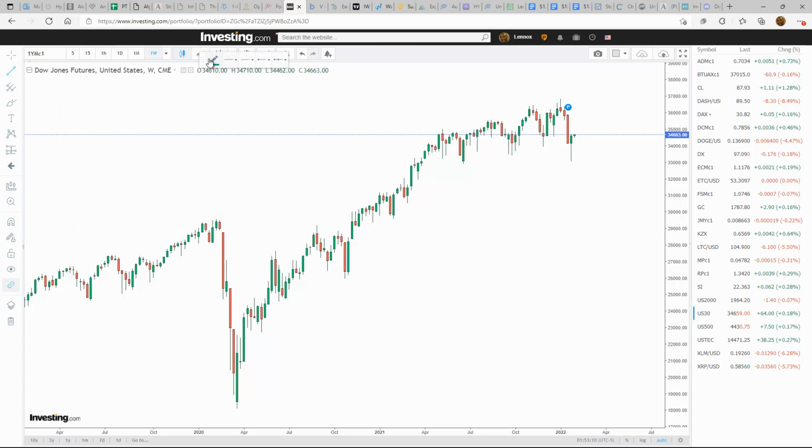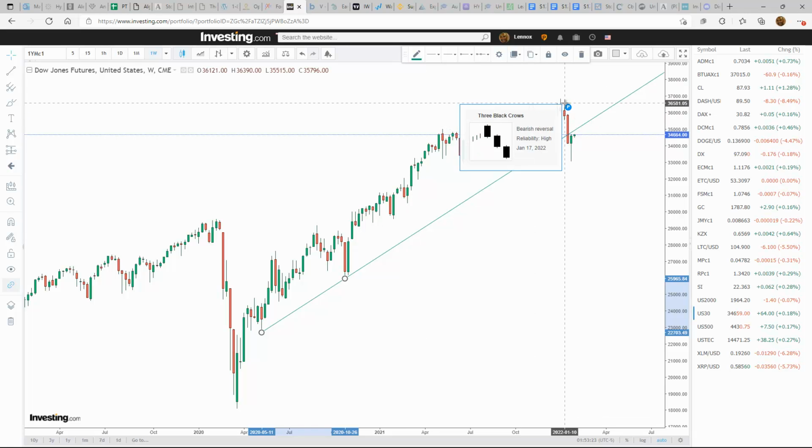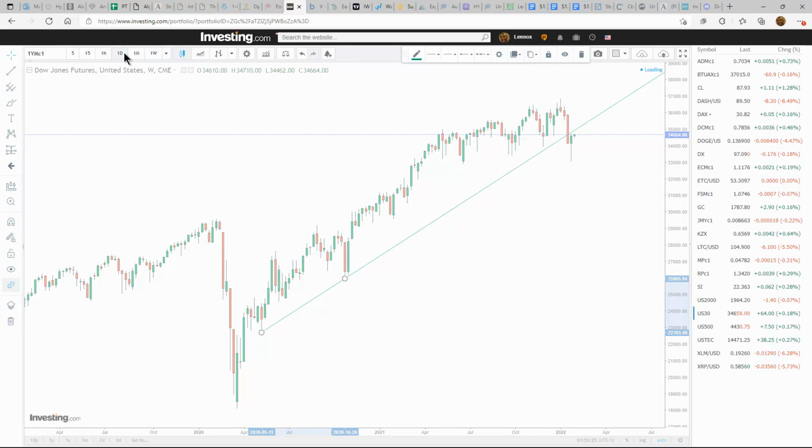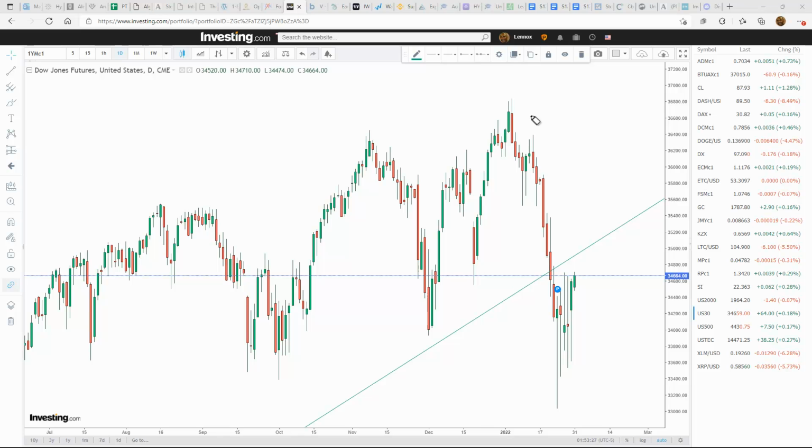We should have some further weakness overall, but could start off with a bang, of course, to the upside. But what I'm seeing here overall, we have broken the trend, and it's looking a little on the weak side overall. But you can see it's a battle right now. It's a battle as it tries to find footing coming back up, but I don't see this lasting very long overall. So that's the daily time frame.